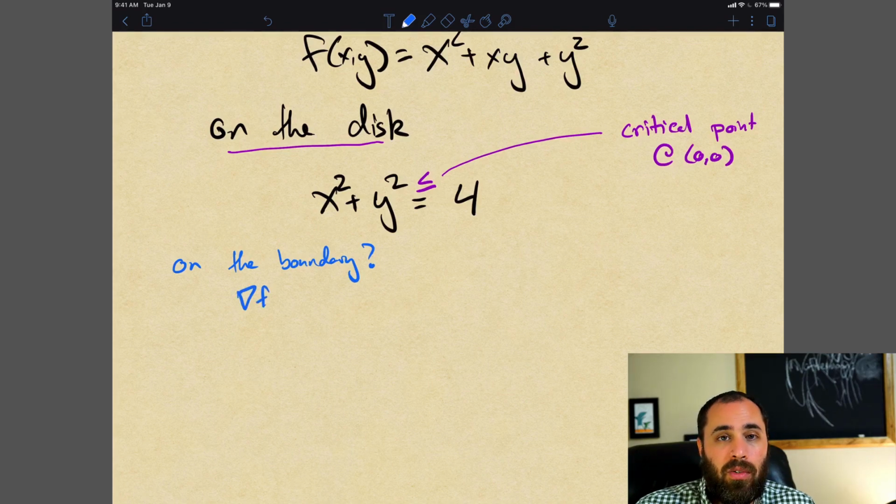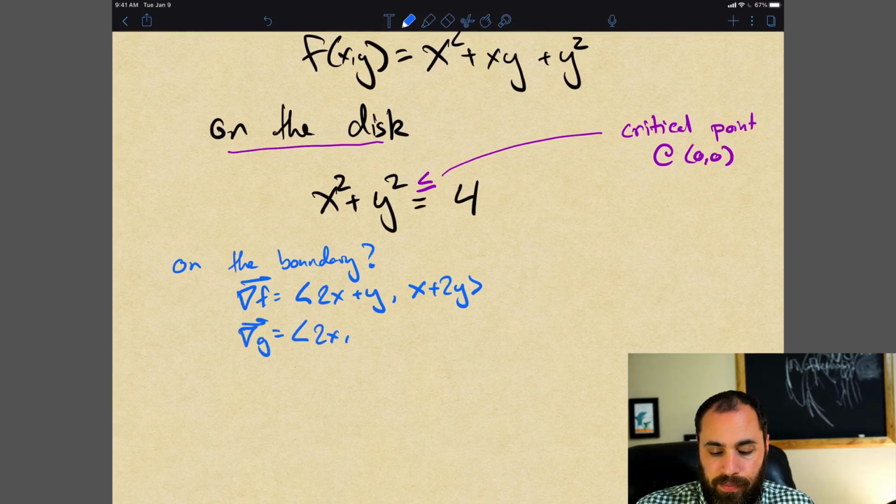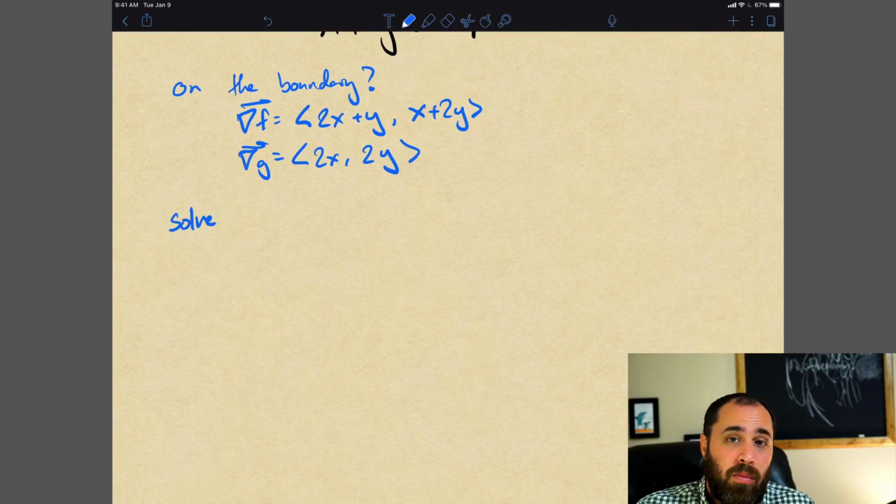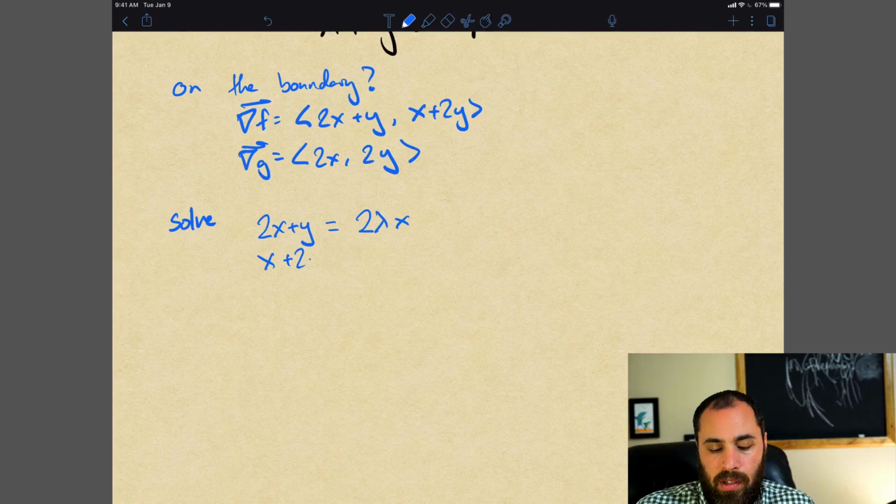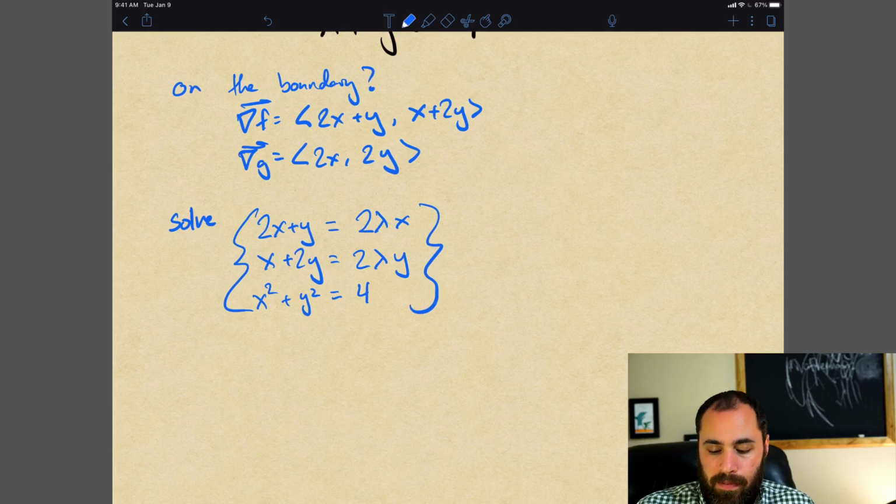We need to know the gradient of the function g that defines our constraint. And if these are to be parallel, which we want, then we can solve this system of three equations, the first two given by the components of the vectors, and the third given by the constraint curve.